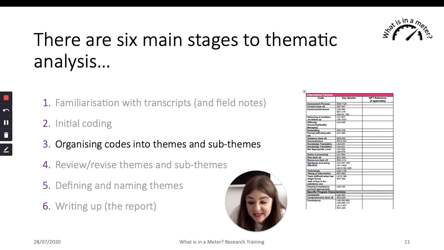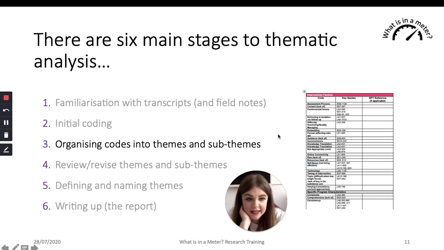By grouping together analogous codes, it makes it easier to see specific areas or themes that are emerging from the collected data. So in my previous experience of conducting thematic analysis, a way in which I've organised the codes into themes is to arrange the codes into tables by theme and sub-theme.